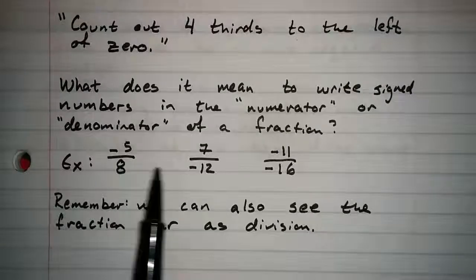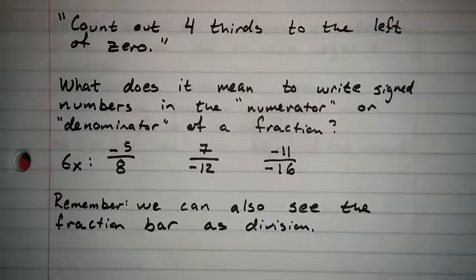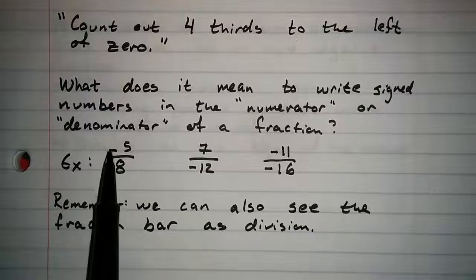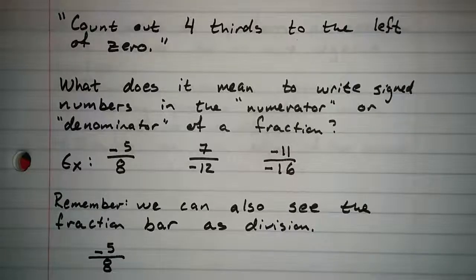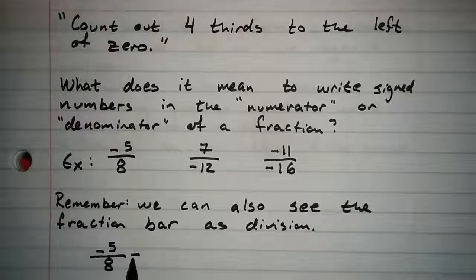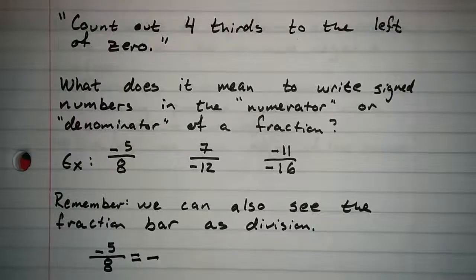So if we think of each of these not as a single number, because this doesn't quite describe a number, but rather as a division problem, then we see negative 5 divided by positive 8. That should be a negative number, and the negative number it should be is negative 5/8.